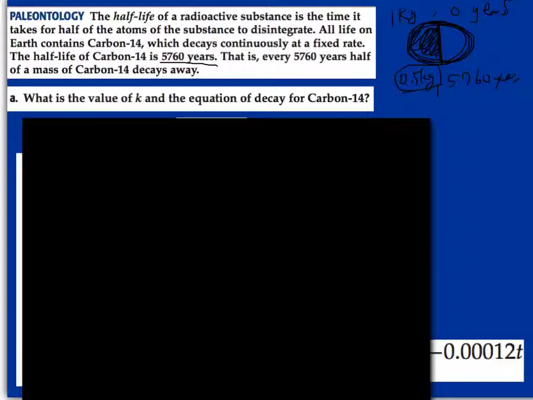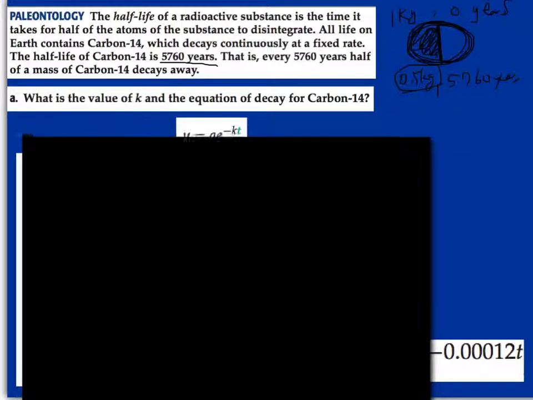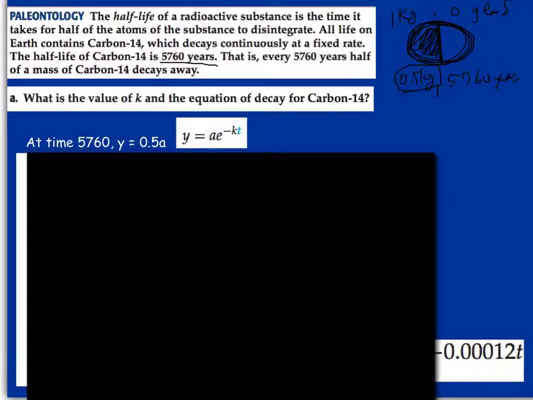Okay, so what's the value of K and the equation of decay for carbon-14? Now, let's think about this. At time 5,760, I'm going to have half of my original. I don't know what a is, I don't know what my original amount is, but if we leave it as a variable, we know that half of it will be left over, so we can use this formula that talks about radioactive decay.